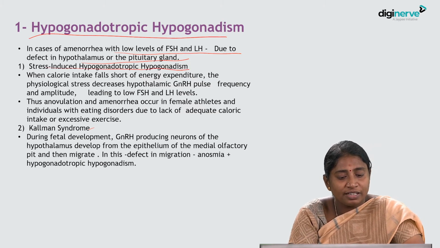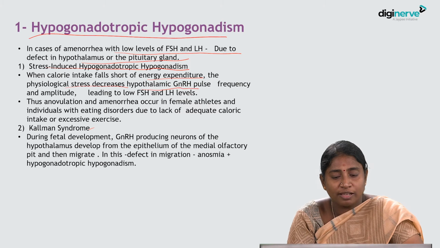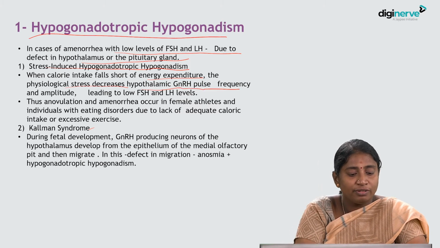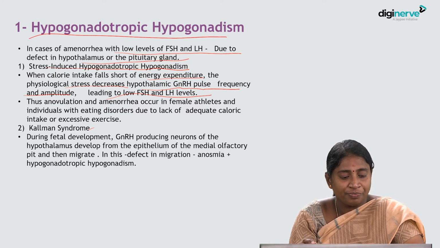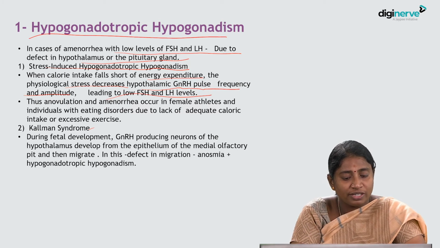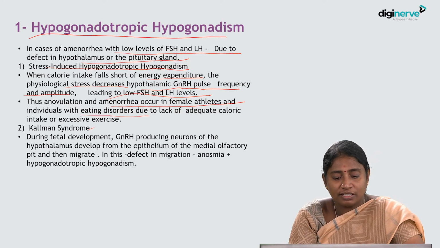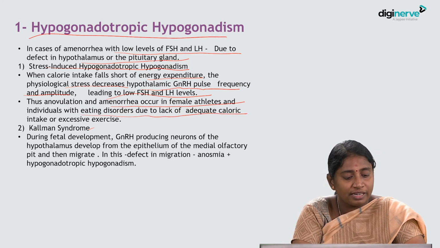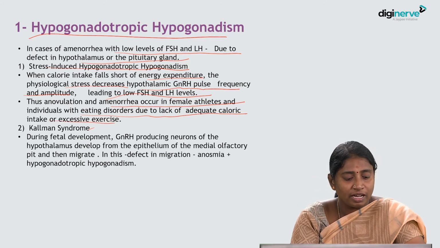When the calorie intake falls short of energy expenditure, the physiological stress decreases the hypothalamic GnRH pulse frequency and amplitude, leading to low FSH and LH levels. Thus, anovulation and amenorrhea occur in female athletes and individuals with eating disorders due to lack of adequate calorie intake and excessive exercise.